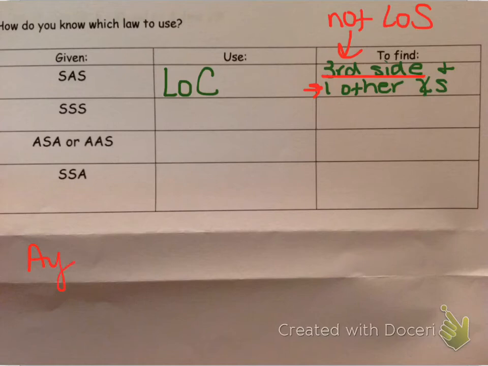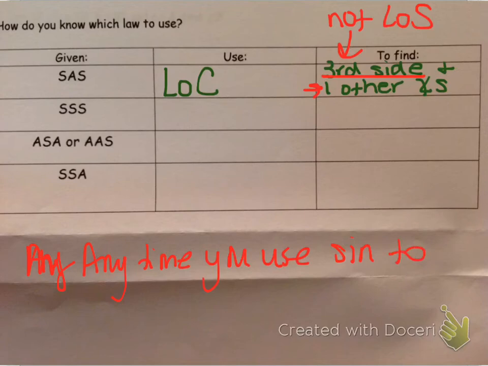Anytime, huge, and I'm going to say this every day, anytime you use sine to solve for an angle, it's automatically the ambiguous case.